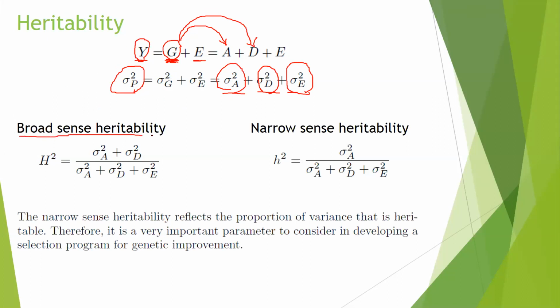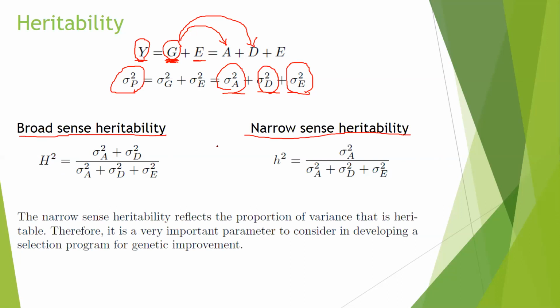All right, now here we go. We have two important concepts in genetics, not just in quantitative genetics, especially good for breeding. So we have the broad sense heritability here. First, heritability.